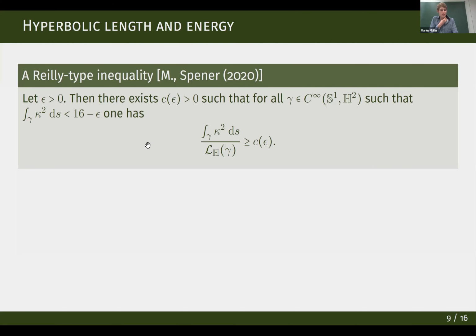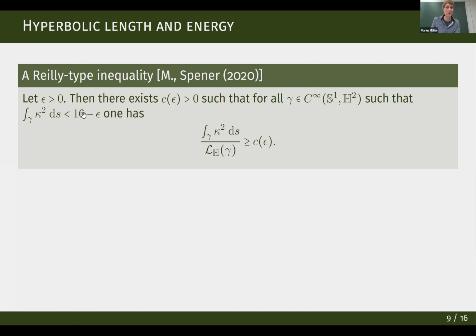Unfortunately, one can actually show that it's not true, but there's a partially positive answer which we're going to discuss now. Namely, if you fix an epsilon positive, then for all closed curves in hyperbolic space whose elastic energy, so integral kappa squared ds, is smaller than 16 minus epsilon, you can prove that the quotient of elastic energy and length is bounded from below by a positive constant, but only below this energy threshold of 16 minus epsilon.